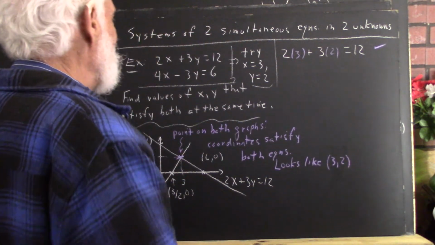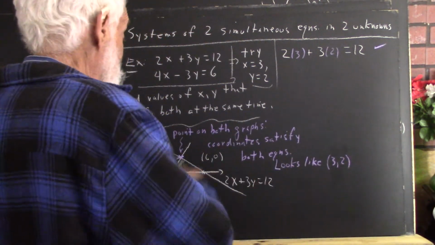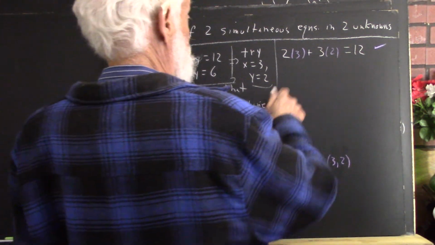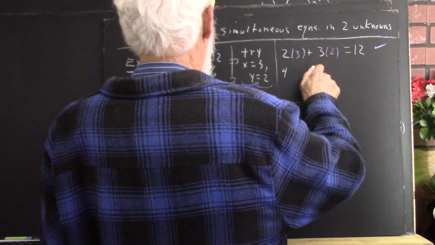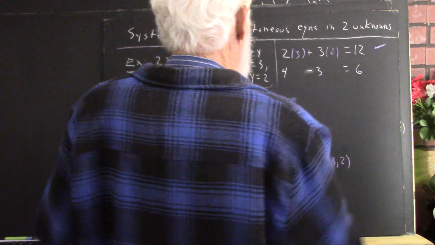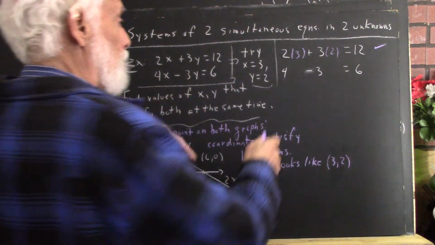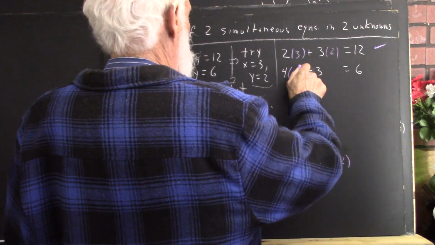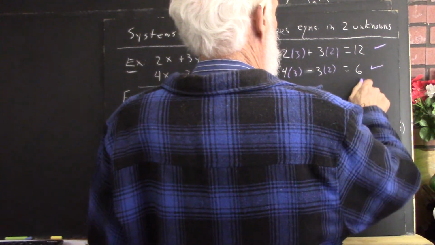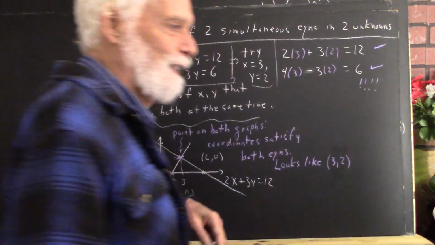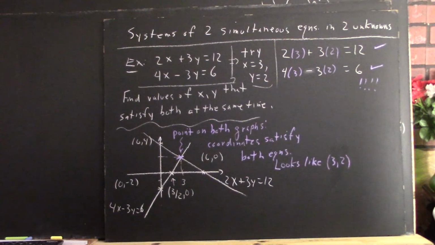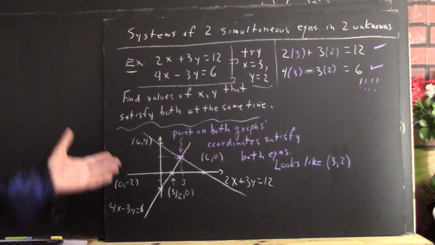I really am surprised because I wasn't all that careful with the graph. It was just pure luck. Then you have 4 and minus 3. You should get 6 when you plug in the x and y values. That's 4 times 3 minus 3 times 2 equals 6. Big surprise. So it worked.